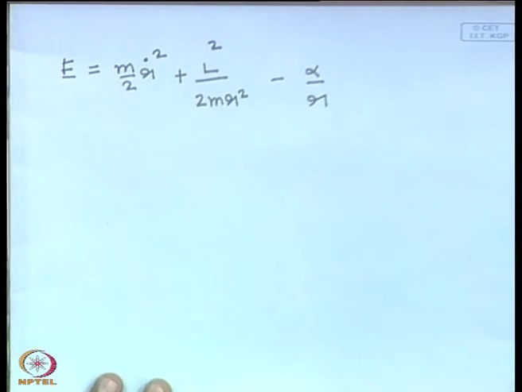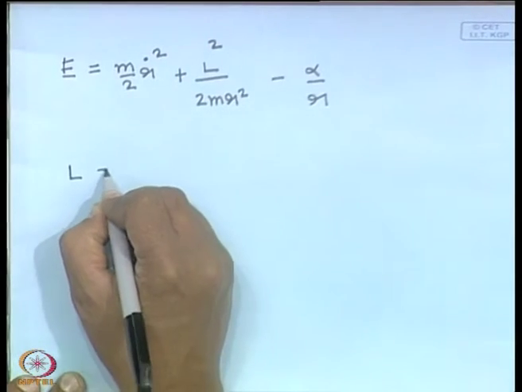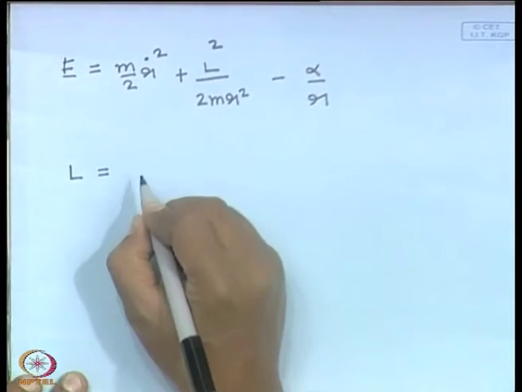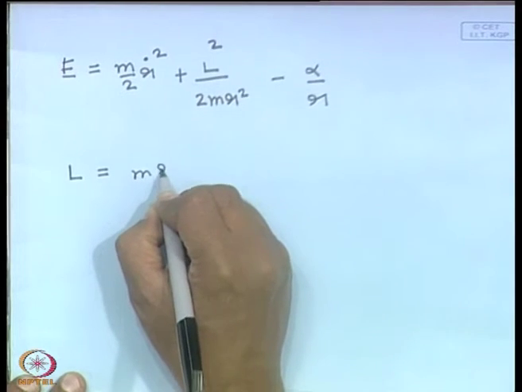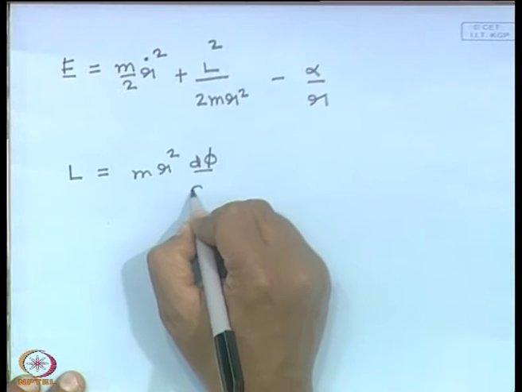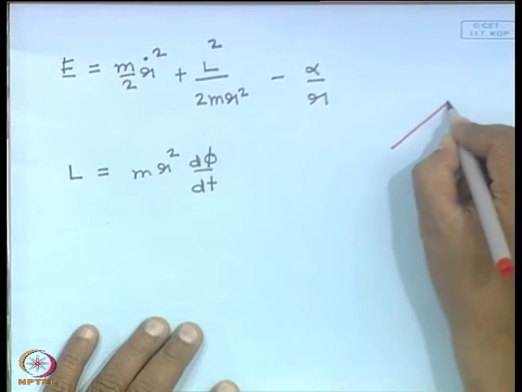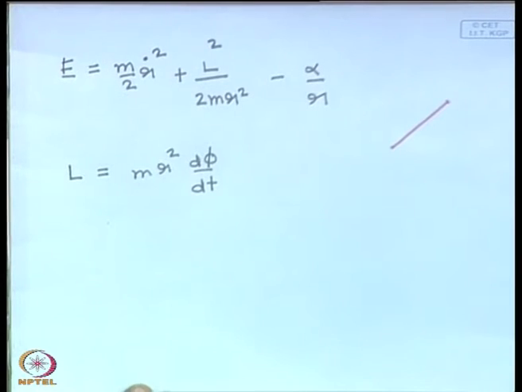So, we have this, and we also have the angular momentum L, which is m r square d phi dt. And we are interested in calculating the motion, the orbit of the reduced mass around the center of mass.